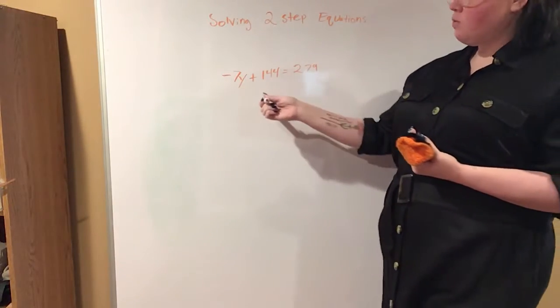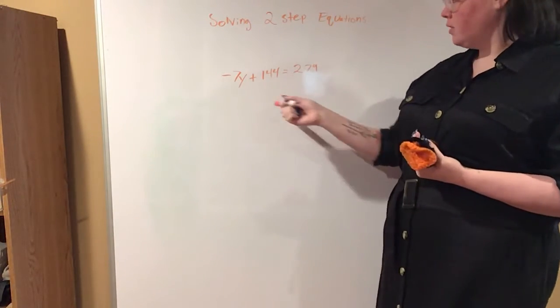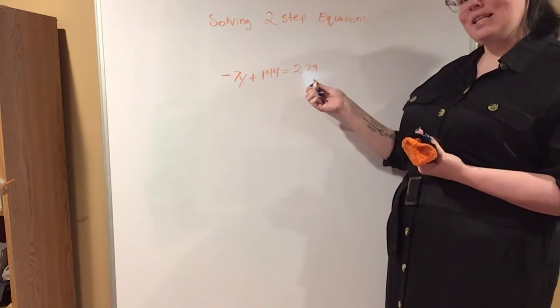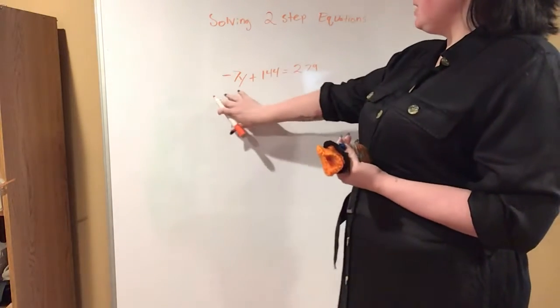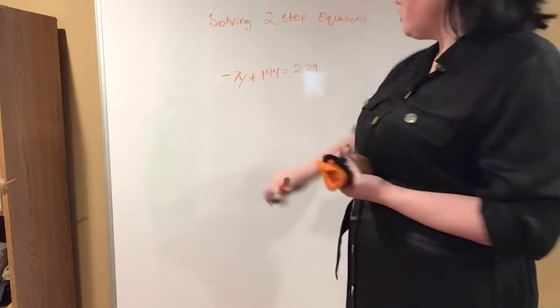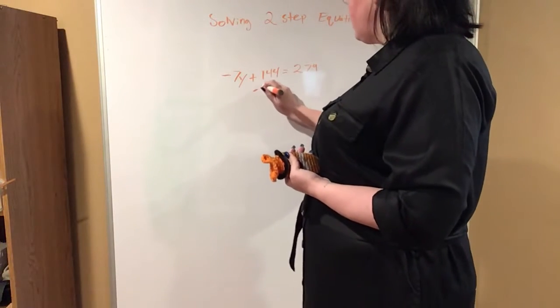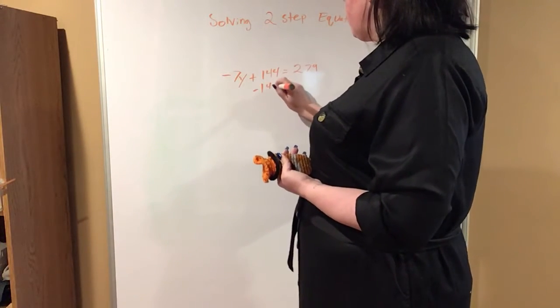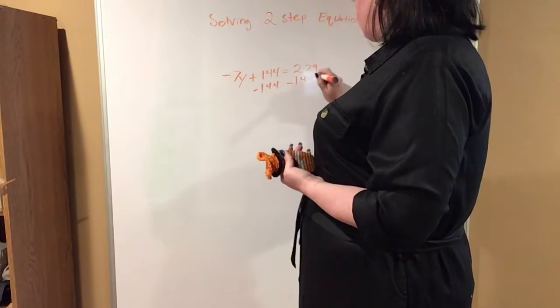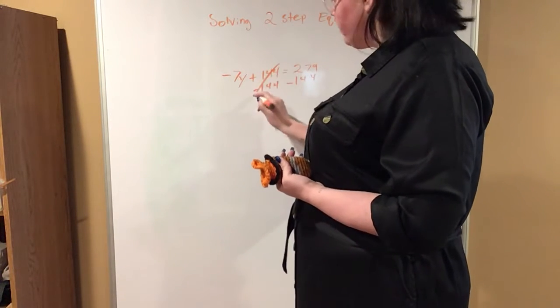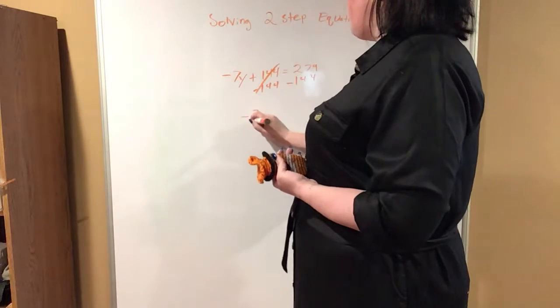So we have a negative 7y plus 144 equals 279. We need to get negative 7y by itself. So I'm going to subtract my 144. So these will go away. I'm left with negative 7y.